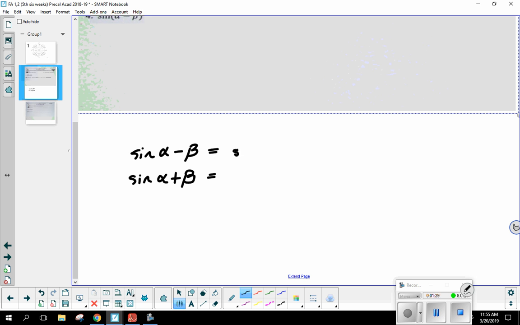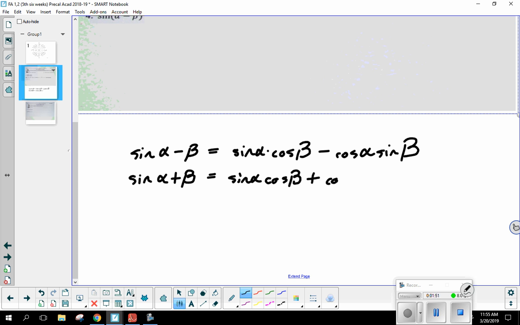So this would be sine of alpha, cosine of beta, minus cosine of alpha, sine of beta. Now, sine of alpha plus beta is going to be exactly the same, except instead of the minus, it's going to have the plus. So it would be sine of alpha, cosine beta, plus cosine alpha, sine beta.